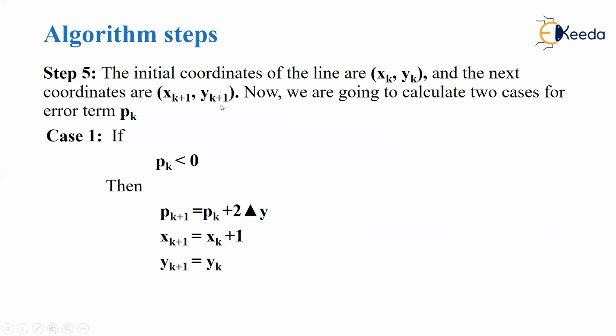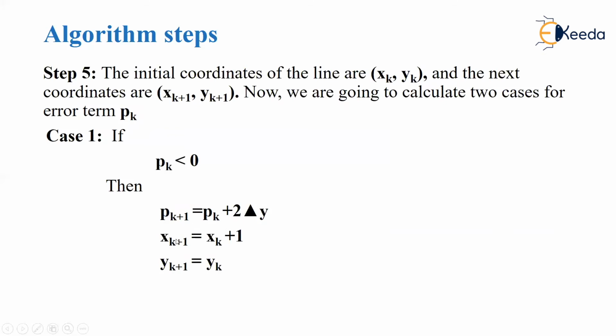If xk and yk are the initial coordinates, then the next coordinates will be xk plus 1 and yk plus 1. Now we have to consider two cases for the error term pk. First case: if the value of pk is less than 0, then we have to update the values of the pixels. The error term will be updated like this: the previous value of the error term plus 2 delta y, then we will get the new value of the error term.